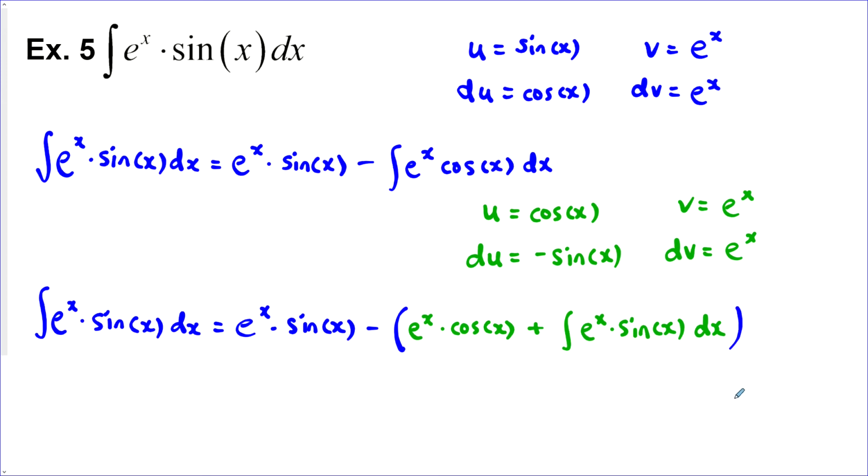And that just is getting worse. I mean, we started off with one thing, then we got one term, now we have two of these, and still an integral here to deal with. But if we look carefully, we actually have done something here.